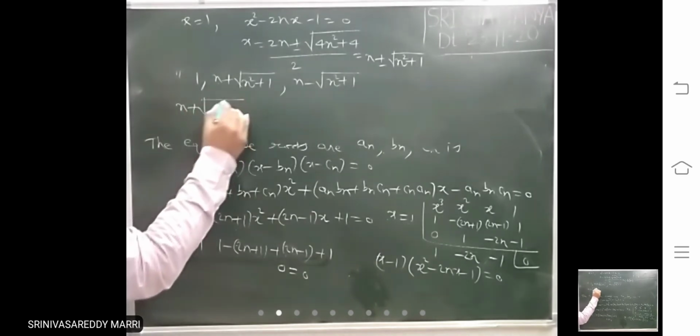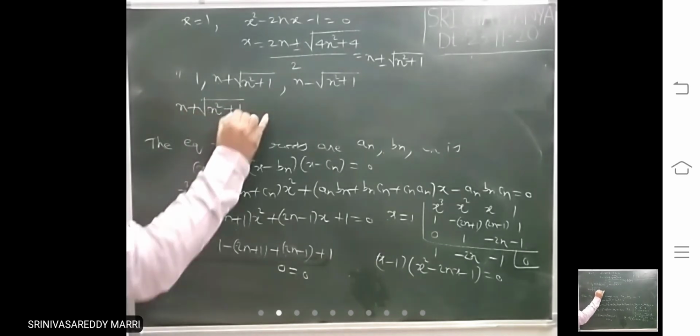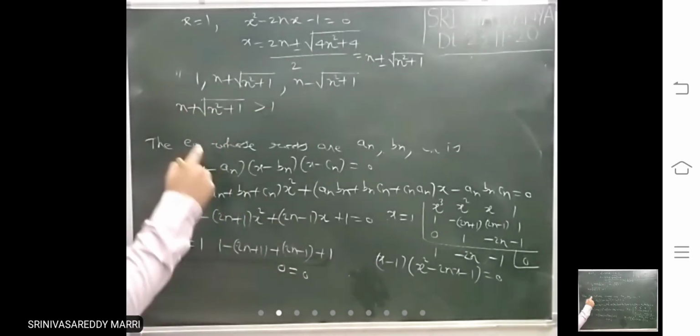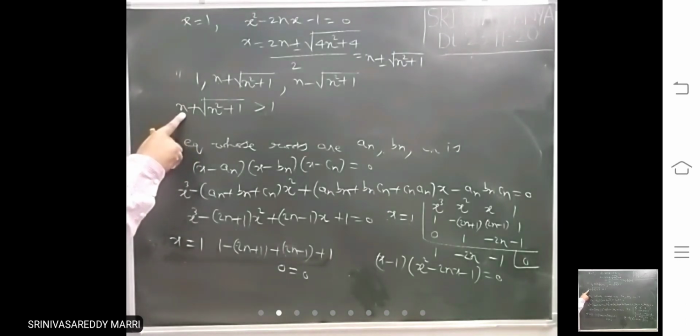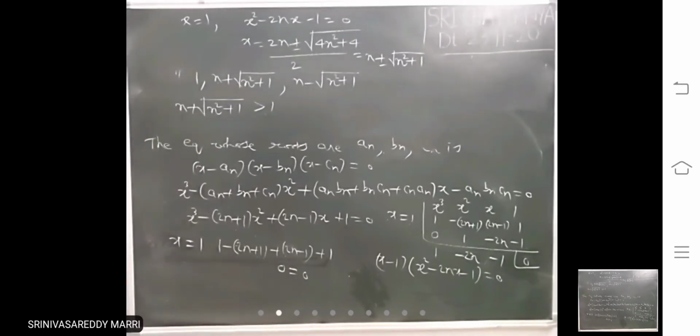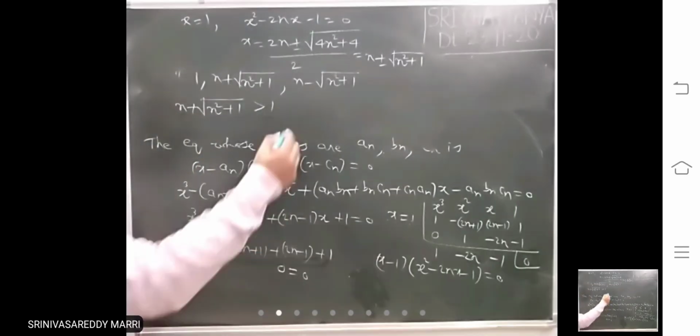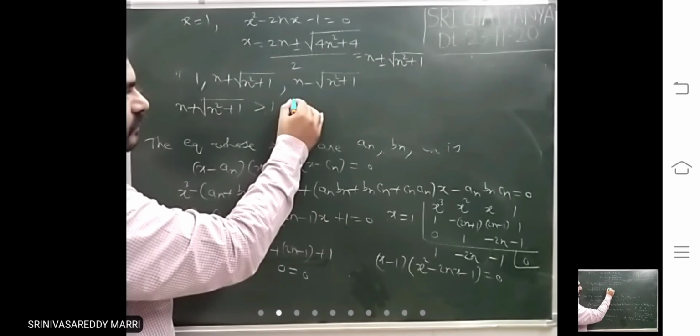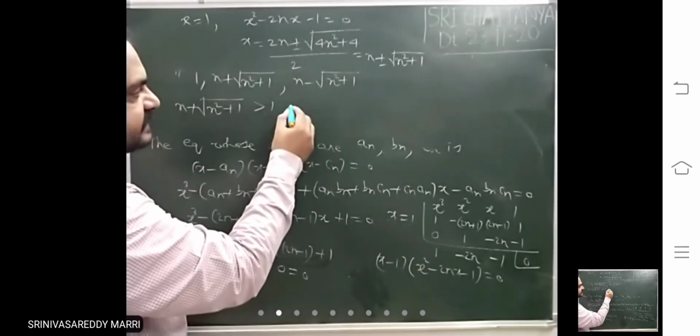n plus root of n square plus 1 is greater than 1, because whatever you substitute for n, if you substitute n equal to 1, you will get 1 plus root 3, that is greater than 1. This other root you will always get less than 1.